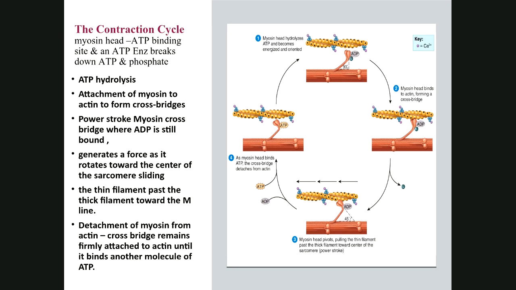So again, let's look at this. First of all, the myosin head hydrolyzes ATP, and that gives it the power to attempt to connect to actin. It does connect to actin as long as calcium is present, and that binds to troponin, pulling the tropomyosin out of the way.